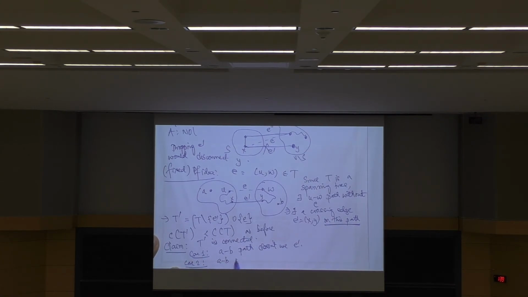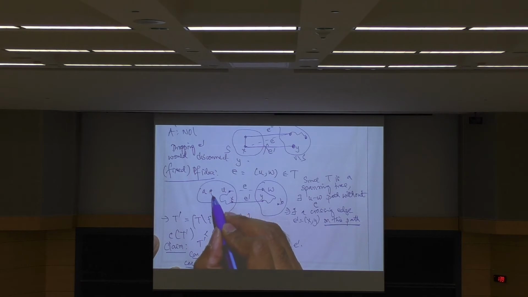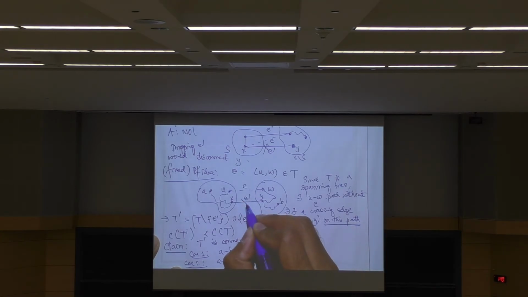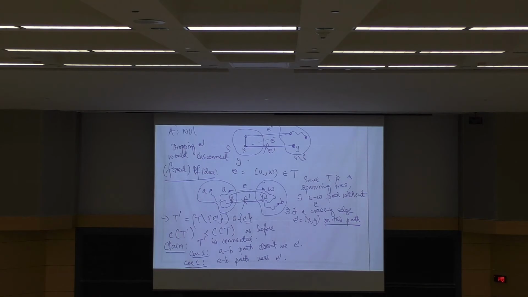Case two: the AB path uses E prime. Maybe you meander around till here, go to x, take this edge, and then meander around and go over here. But since I'm dropping this edge, you can just take the longer path now. Having E prime and E together creates a cycle, and I'm just dropping one of the edges off. So everything that remained connected still remains connected.